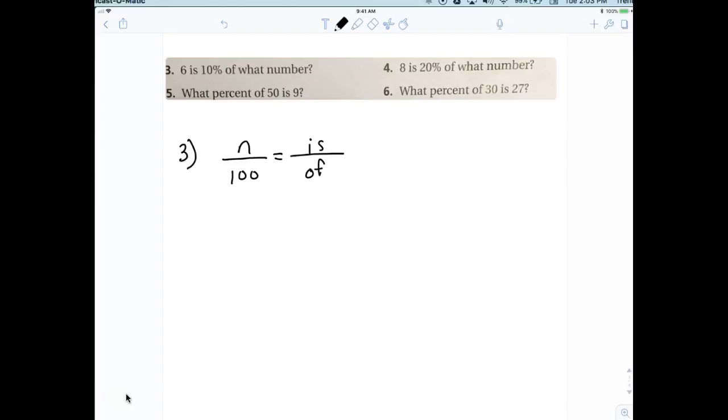So 6 is, where does that go? It goes where "is" goes. So it would be 6 over, no, not over x, over n, and then 10% is your 10 over 100.